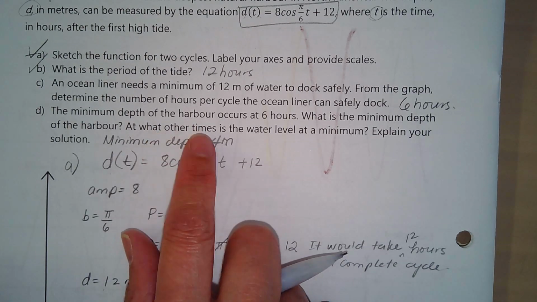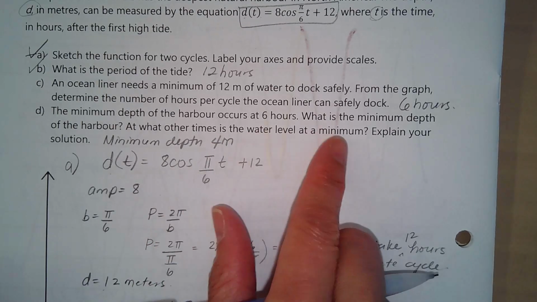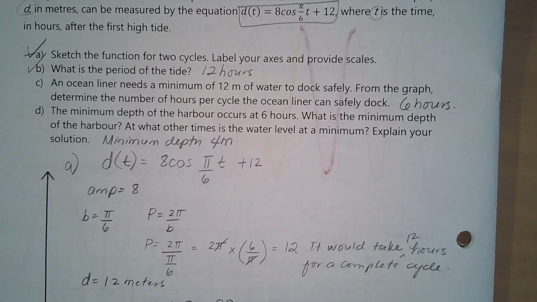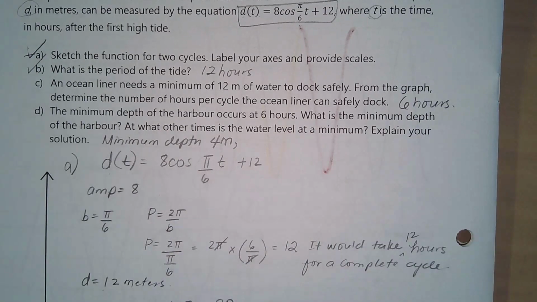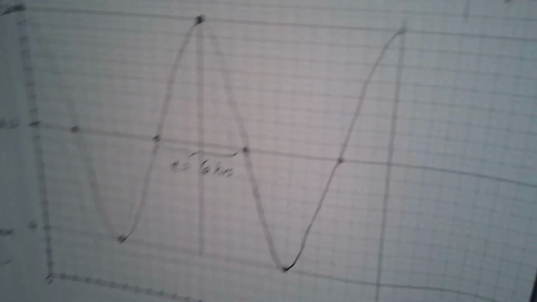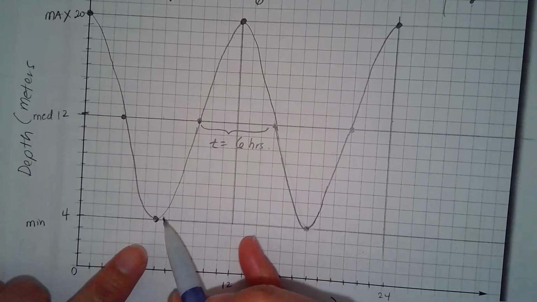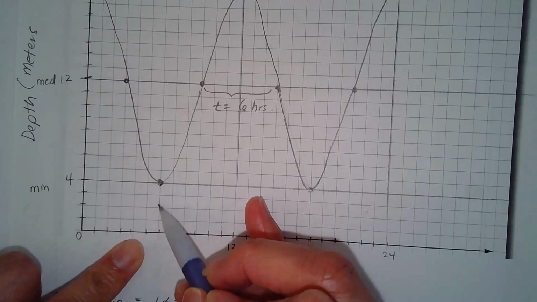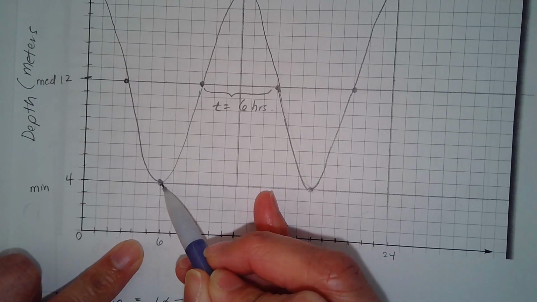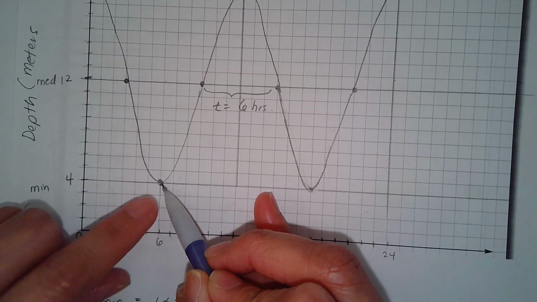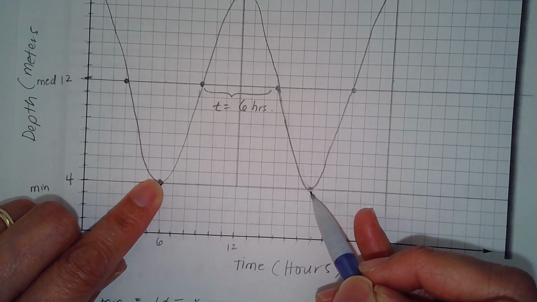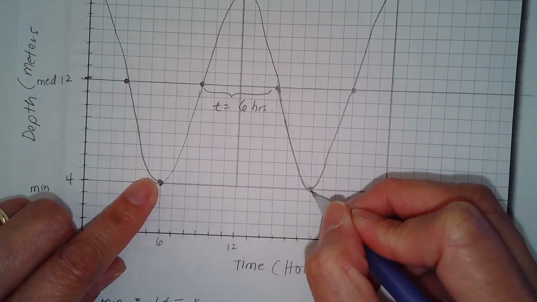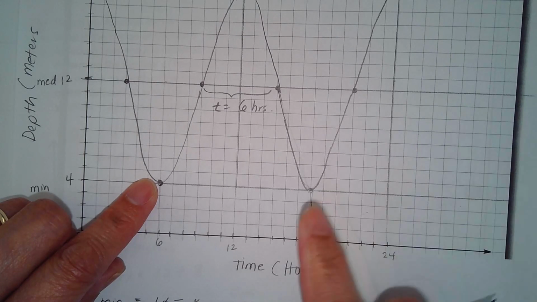And at what other times is the level at the minimum? What other times does it hit minimum again? Okay, let's take a look at the graph. It hits a minimum at 6 hours, right? When's the next minimum? 18 hours. Does that make sense?